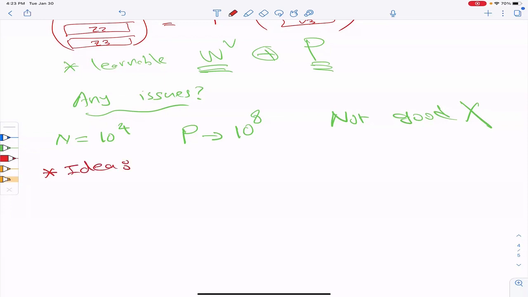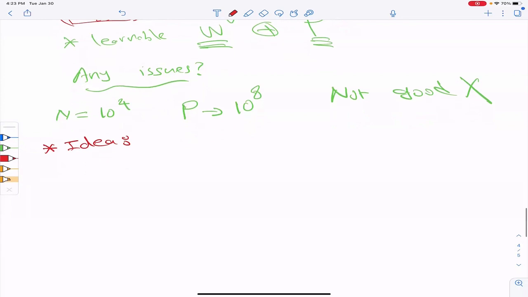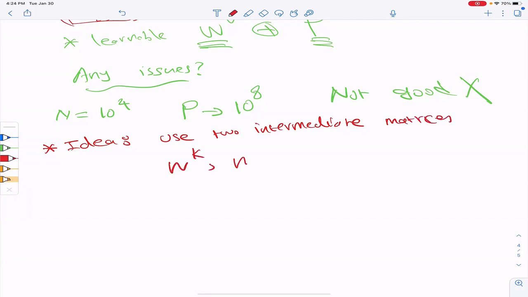The idea is to have a particular structure in your matrix P in a way that can be learned quite easily. All right, so we are going to use two intermediate matrices, WK and WQ.